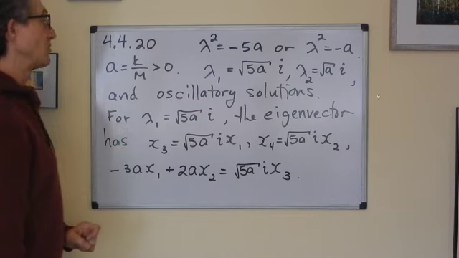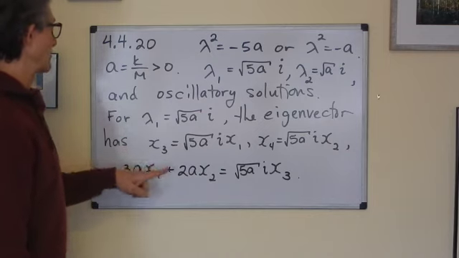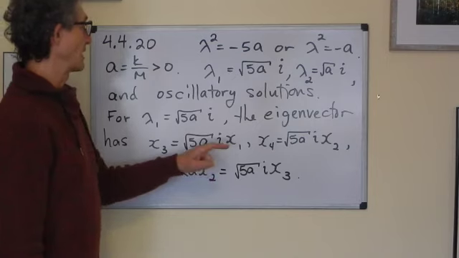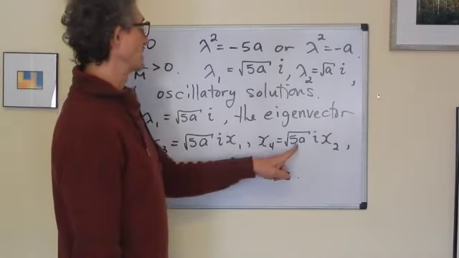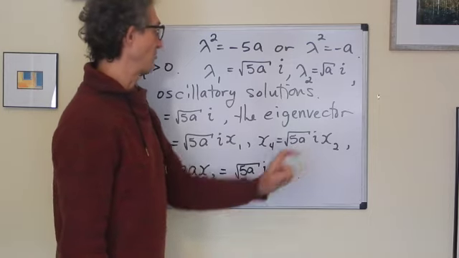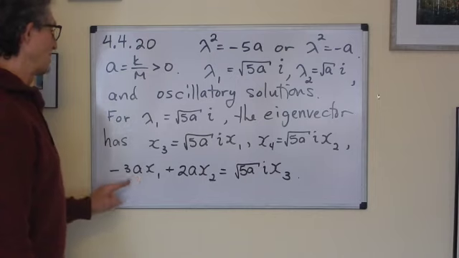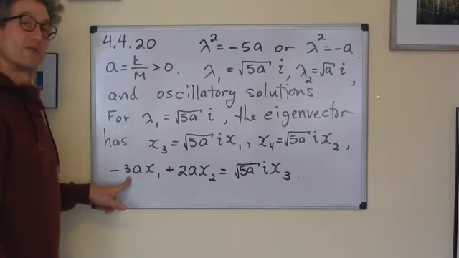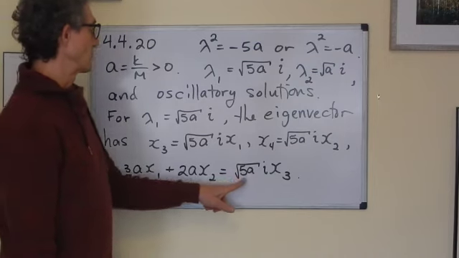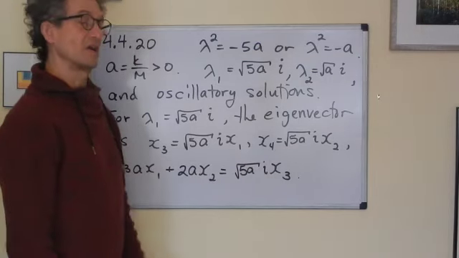Plugging this back into the original matrix, I get that x3 is the square root of 5a times i x1. x4 is the square root of 5a times i x2. And then looking at the third row, I get that minus 3a x1 plus 2a x2 is equal to the eigenvalue times x3.